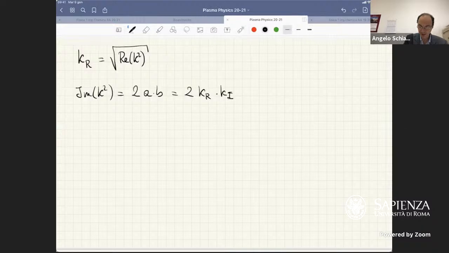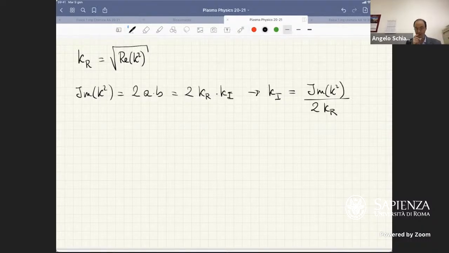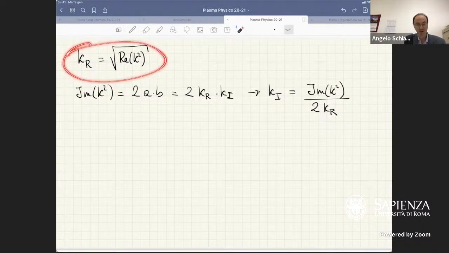So if we want to obtain ki, we can just divide the imaginary part of k squared by 2 times the real part of k that we just obtained. So first, to obtain ki, we take the square root of the real part of k squared, and then we divide the imaginary part by twice the real part of k.